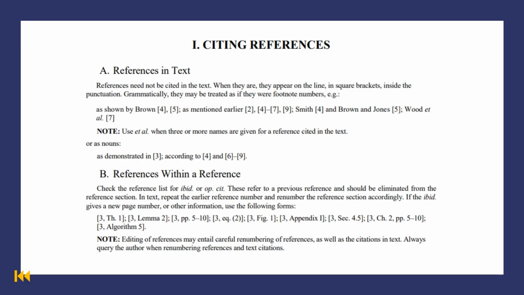So you have to follow this reference guide when citing the works of other researchers in your paper. Again, take note that when you use the ideas of others in your paper, you have to mention them. You have to give credit to these researchers. And we give credit to them using this.